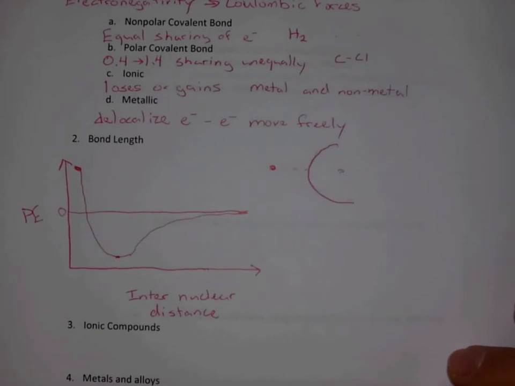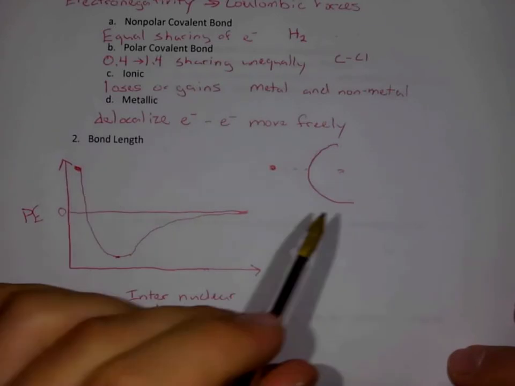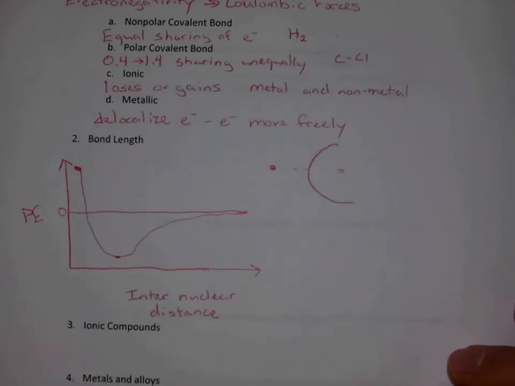So it depends on the size of the atoms, and it depends on the distance between those two atoms. It also depends on the type of bond that we have: single bonds, double bonds, or triple bonds. So this would be just like a single bond, and that could be a fluorine-fluorine bond or a hydrogen-hydrogen bond.